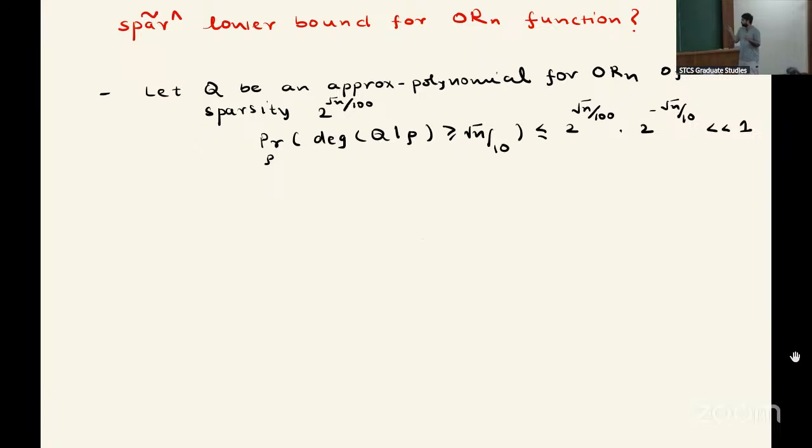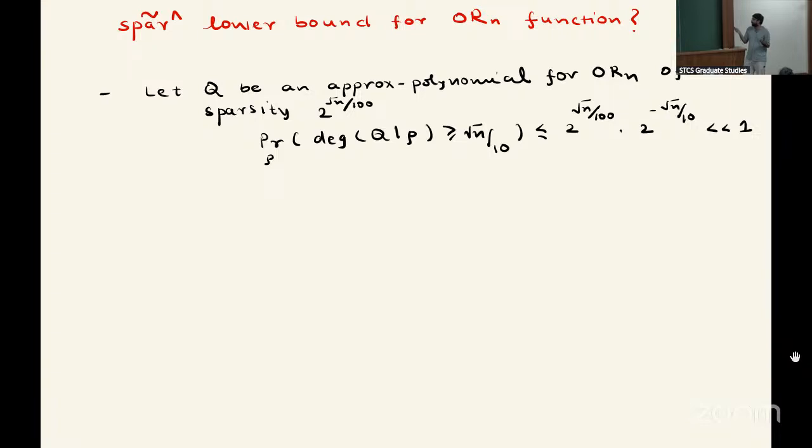So we'll argue that the approximate sparsity of the OR function is 2 to the omega of root n. We'll do this by contradiction. Let Q be an approximating polynomial for the OR function with sparsity 2 to the root n by 100. If I hit this polynomial with my random restriction, then the degree of that polynomial will be less than root n by 10 with good probability.